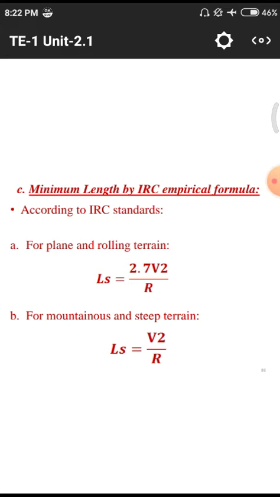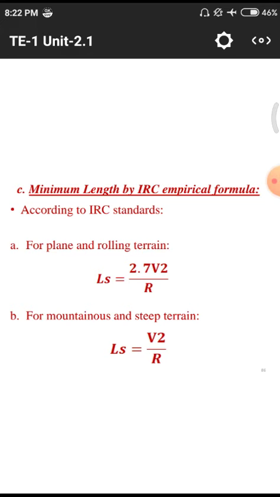Like that we have totally four terrains, ranging from 0 to 60. Those were discussed in the first chapter, classification of roads according to terrains. Those terrains are useful here for designing circular curves or transition curves.